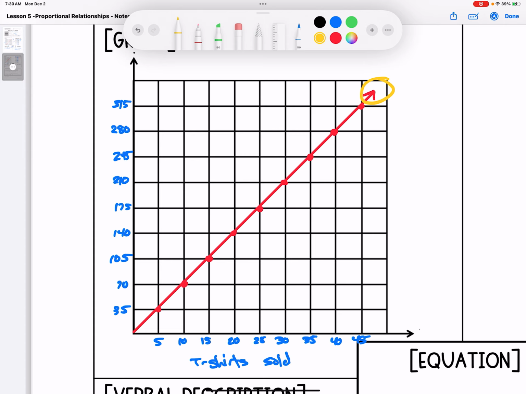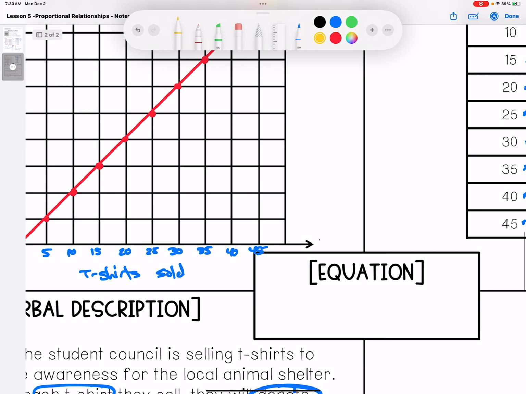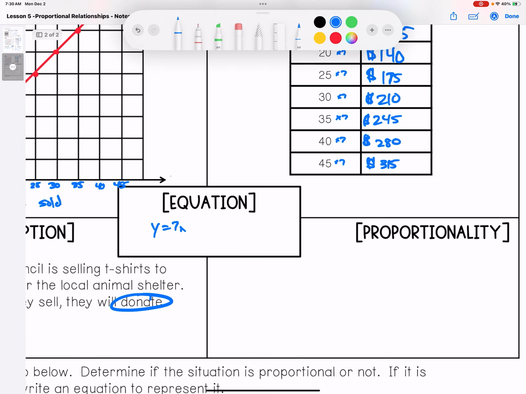Now, this is the rate of change. The rate of change is Y equals 7X. That's the equation. Y equals the rate of change X. Okay? They already gave us the verbal description.